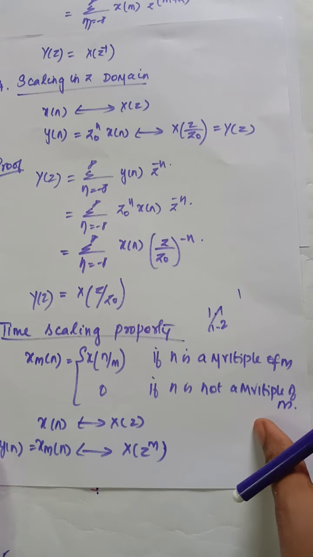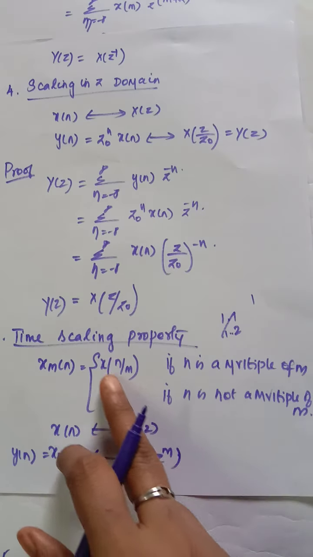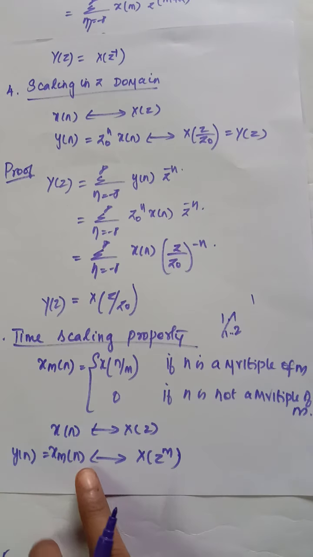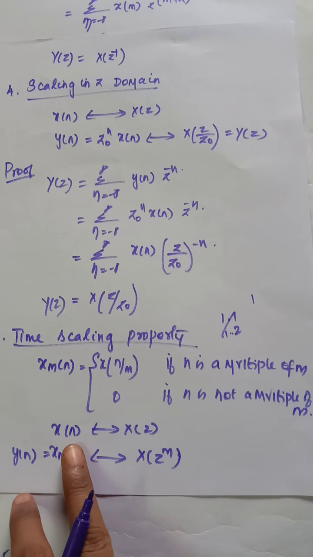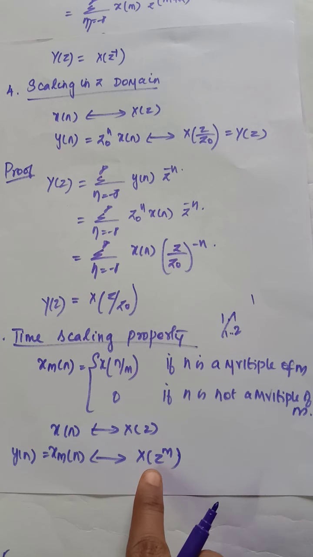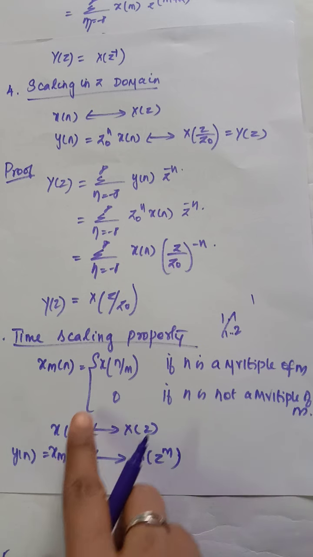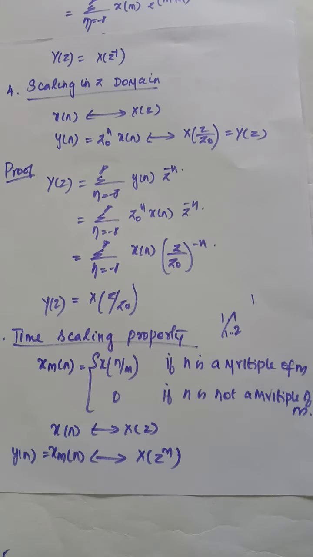So for that reason, here we are writing this only for n a multiple of m. Okay, so here x of n has z transform X of z, so x_m of n has z transform X of z power m, where this x_m of n is equal to x of n by m, that is the index.